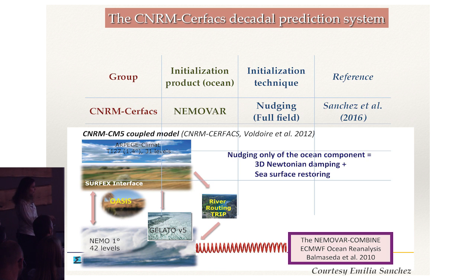There was a coupler and then a river routing. The way we initialized this model was through what we call a nudging toward the NEMOVAR ECMWF ocean reanalysis. This was a technique adopted for this particular decadal prediction system. It's documented in this paper.